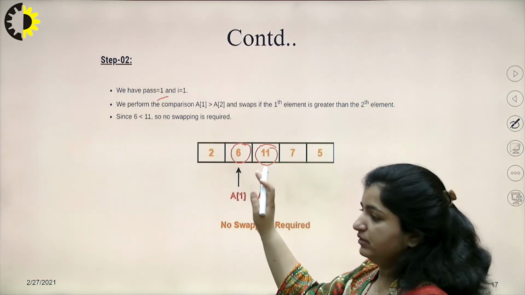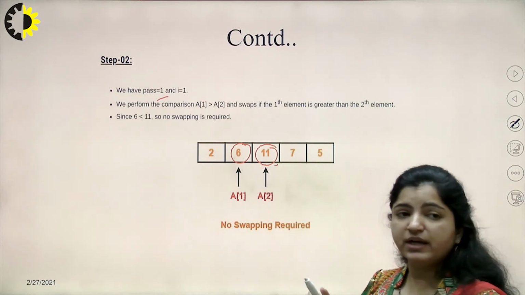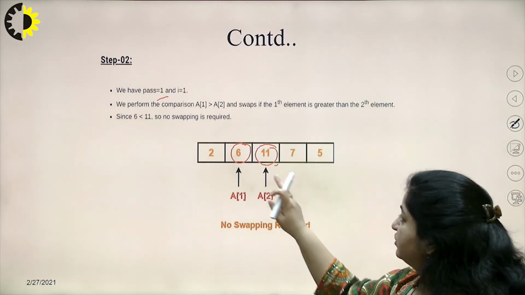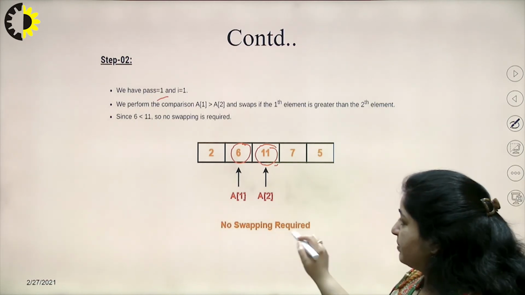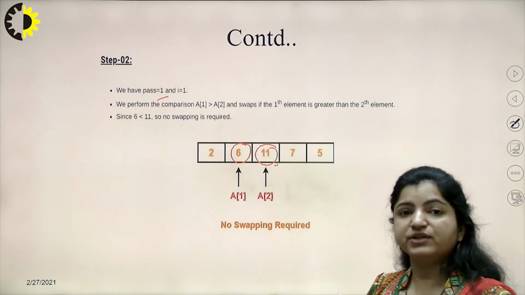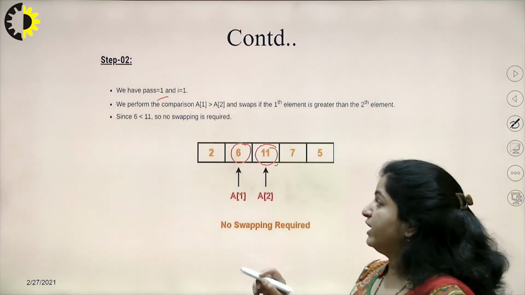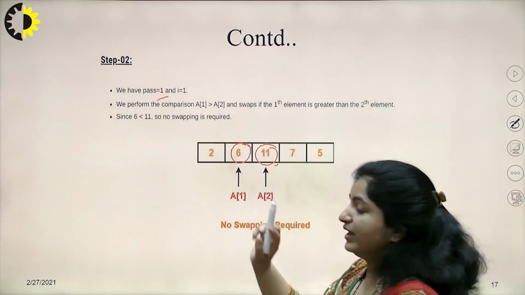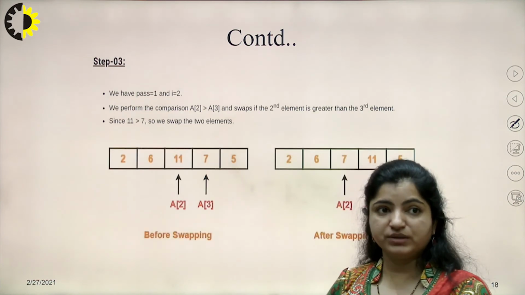So we will move further by 1 place and compare these two values. Then I will check whether this value 6 is greater than 11. No. So no swapping is required here. So this is at its actual position, and we don't want to do any swapping over here. So that means the 6 is also at its actual position. So the second step is finished here.